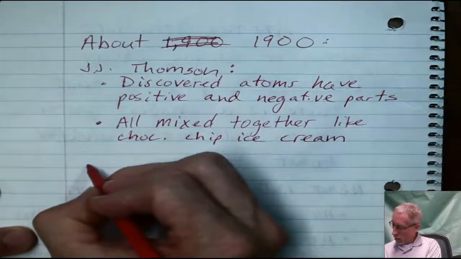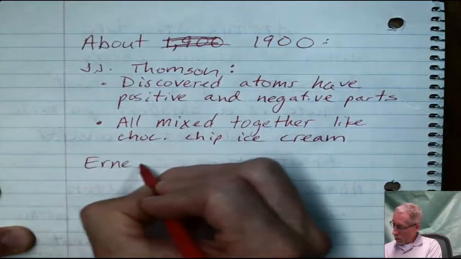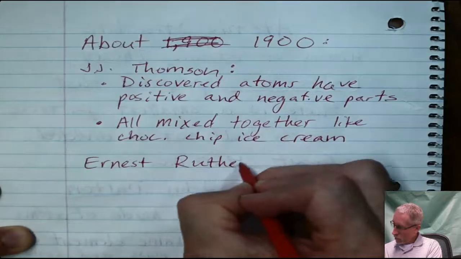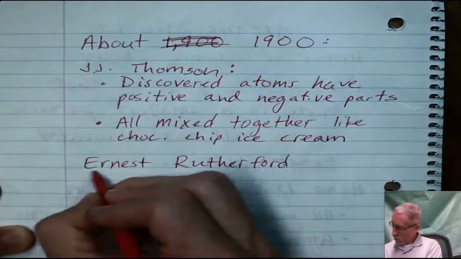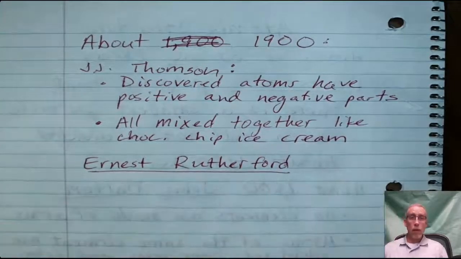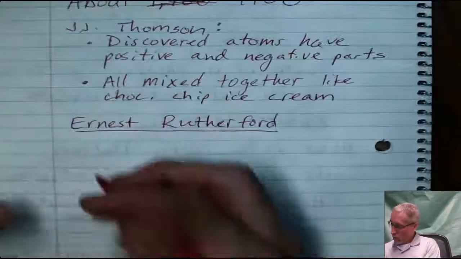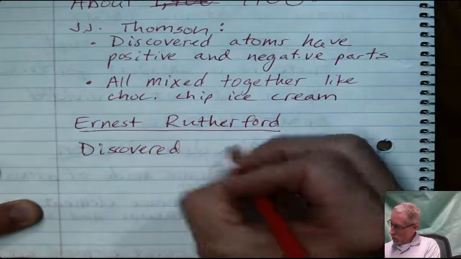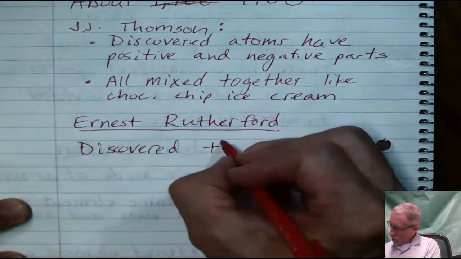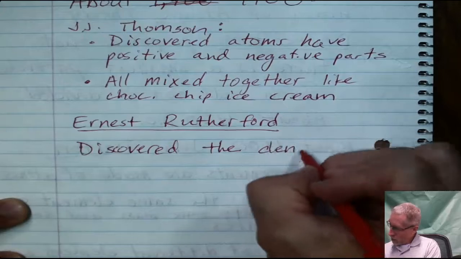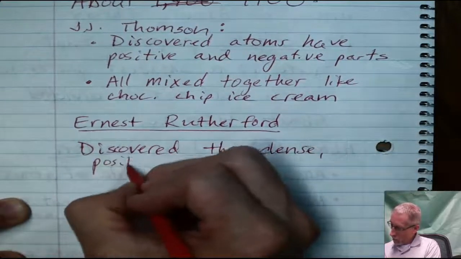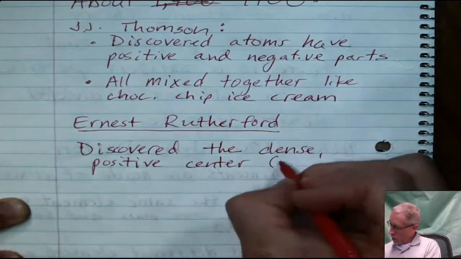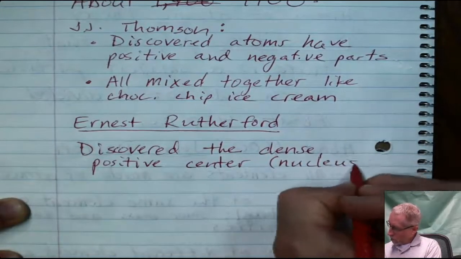So the last big player that we'll mention is a guy named Ernest Rutherford. Again, he was right around the year 1900 as well. But what he discovered was the very dense positive center, which we call the nucleus of the atom.